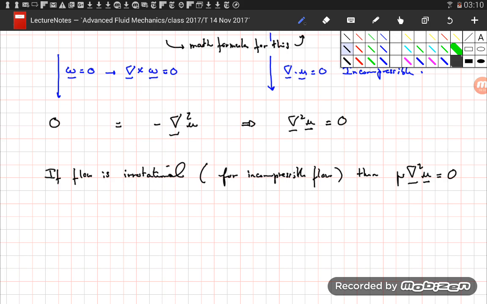So mu Laplacian of u is equal to 0, and that means that the viscous term in the Navier-Stokes equation is 0, even. And therefore, in that case, the Navier-Stokes equation reduces to Euler's equation as well.